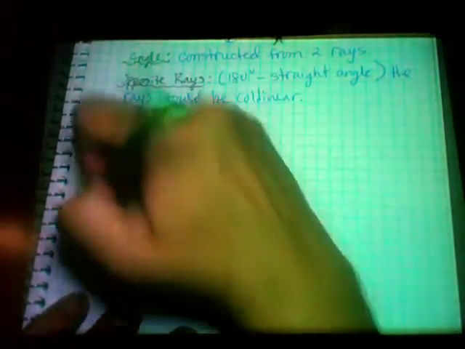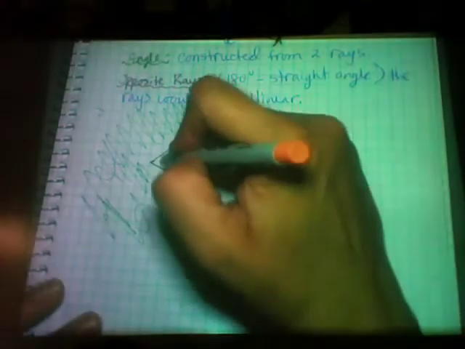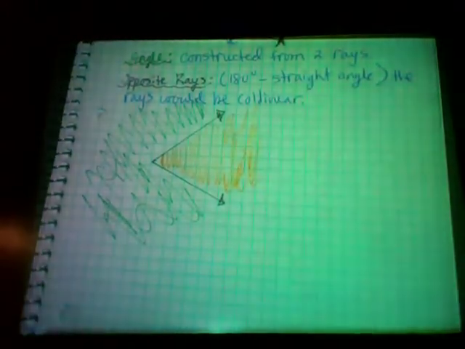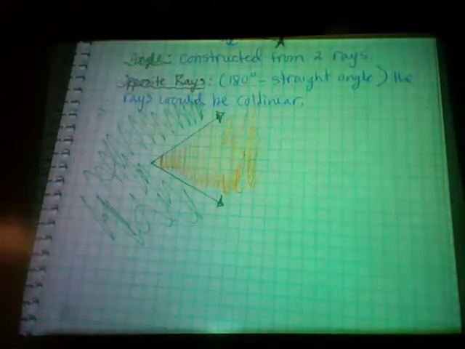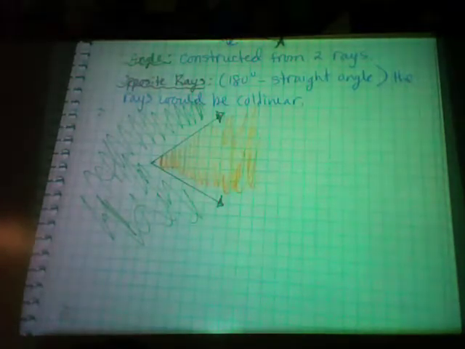Wouldn't this be one part of the fence? The part on the outside? And wouldn't this be a second part of the fence? The part on the inside. So if a problem refers to the interior or the exterior of an angle, this is what they're referring to.